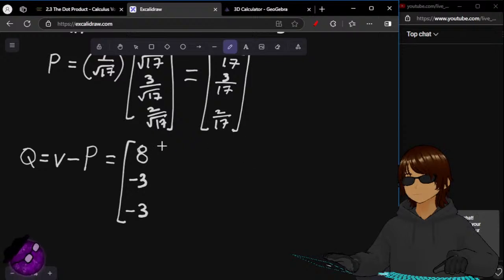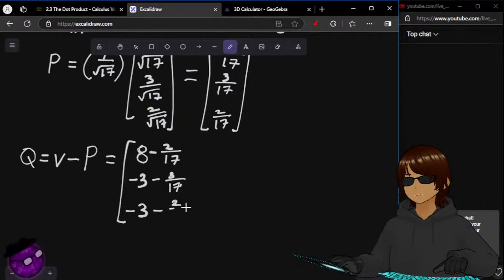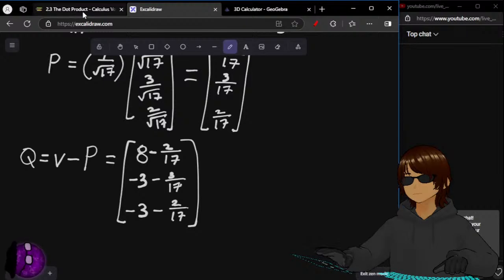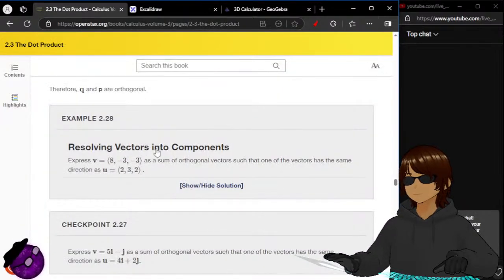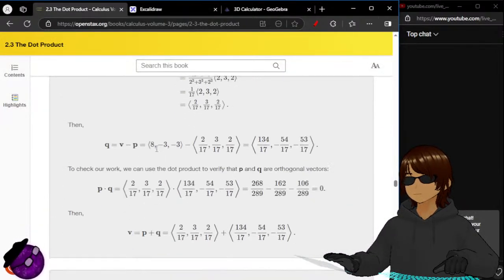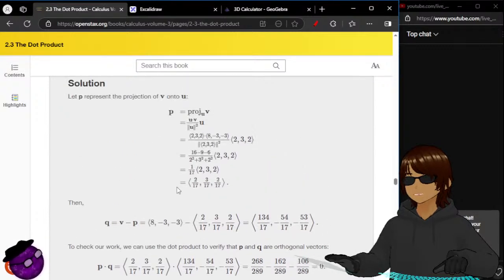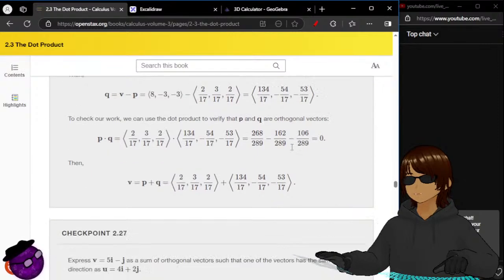Then 2 over 17 subtracted by 2 over root 17 minus 3 over 17, minus it with 2 over 17. And whatever the evaluation of this is, let's see the answer. Okay, so Q is this. P is, yeah, that's correct.